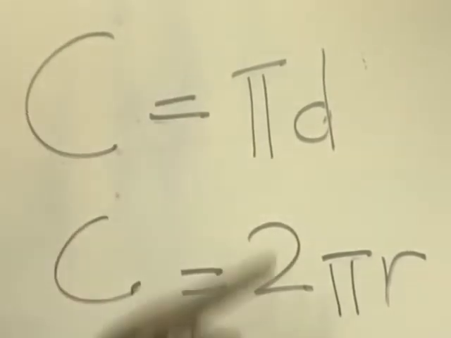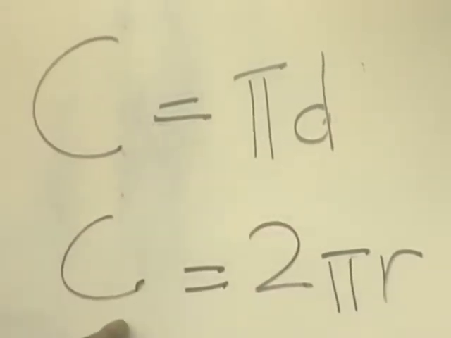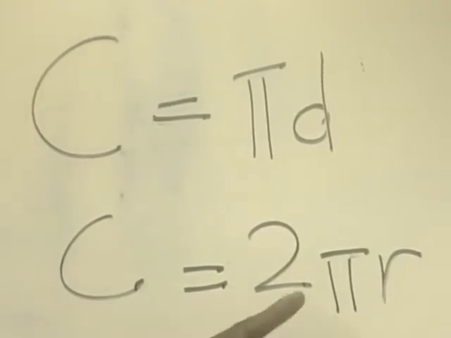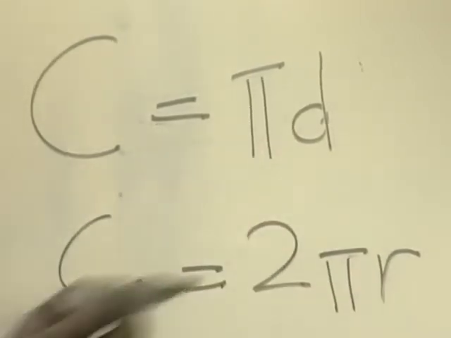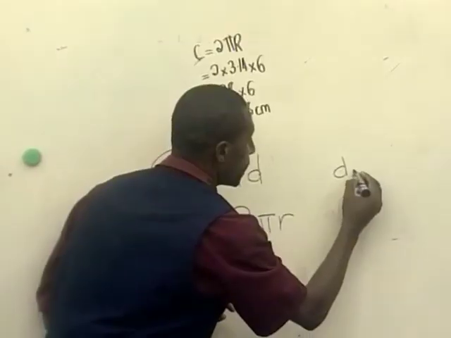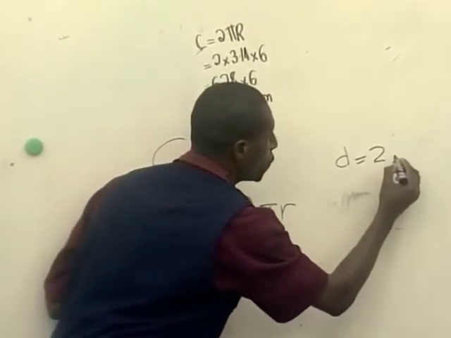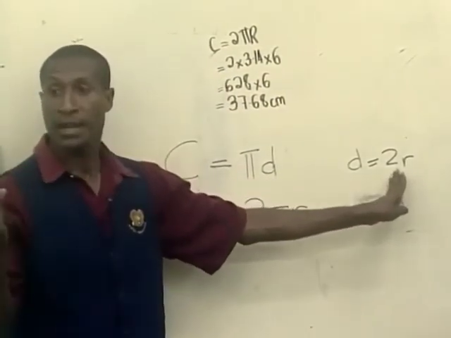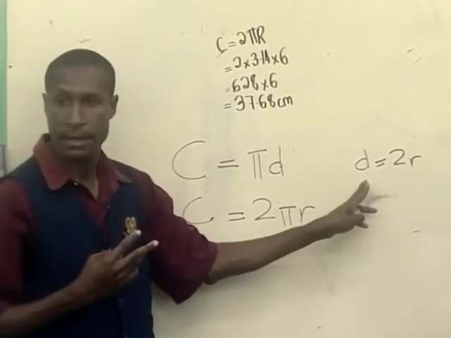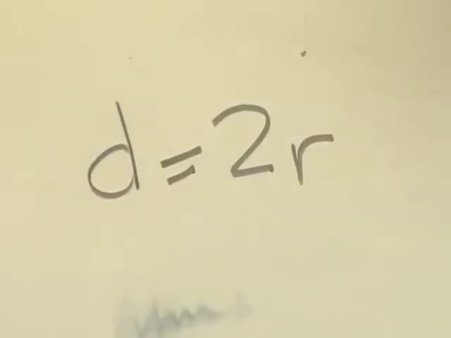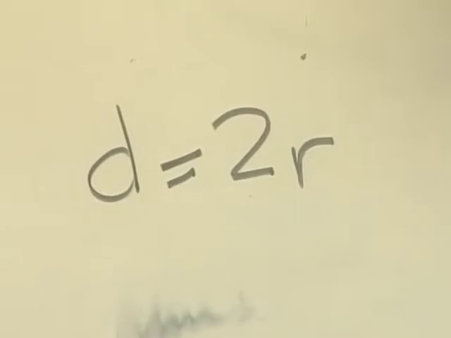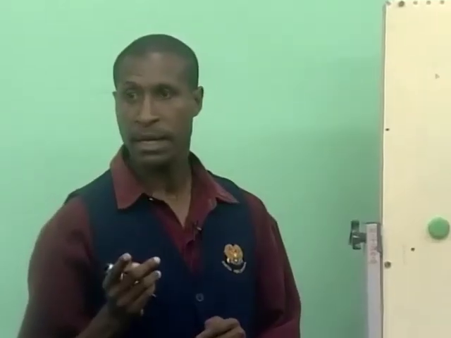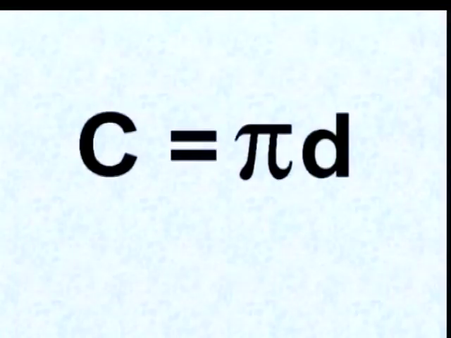The relationship is that the reason this formula is C equals 2 pi r is because d is equal to 2r, meaning that 2 radii make up the diameter. Okay? So, sometimes when you are given the diameter and you are told to find the circumference, receiving students and ATs, you use this formula.